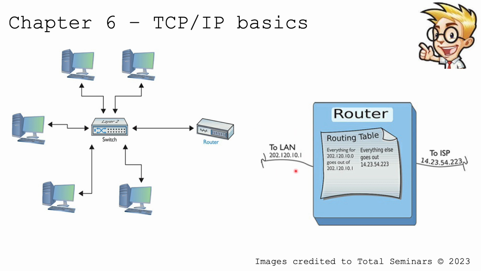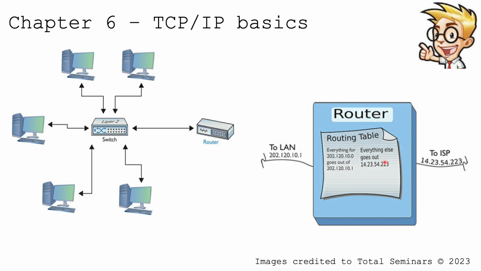So everything inside the LAN, that's a 202, because this is 202, that's a 202, that's a 202. They all are 202. So if it's inside this network ID, if it's inside this gateway, it's going to stay inside here and go in this host. That's what it tells you to.